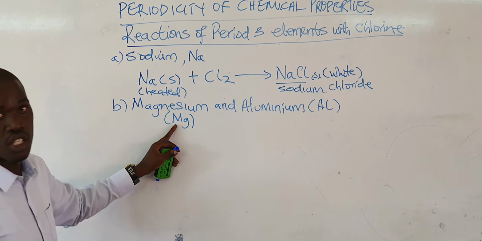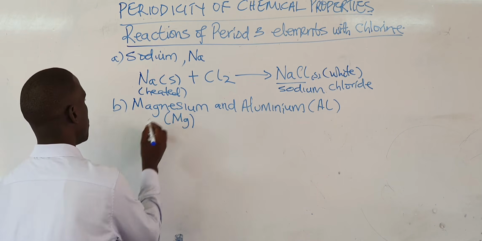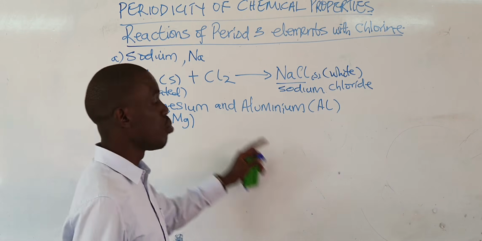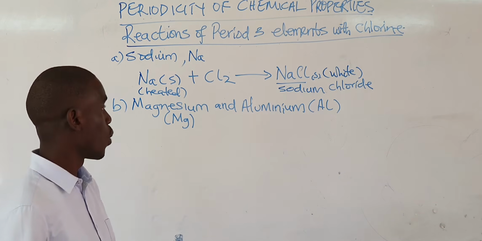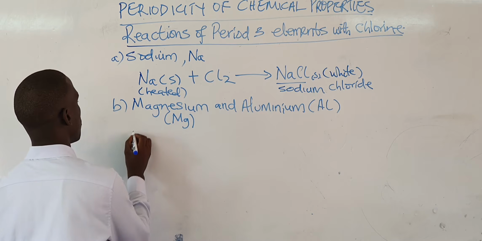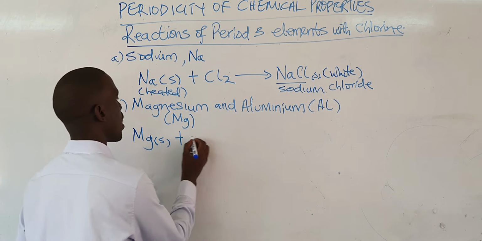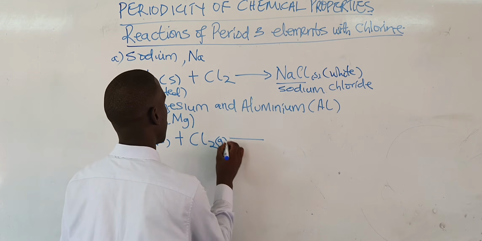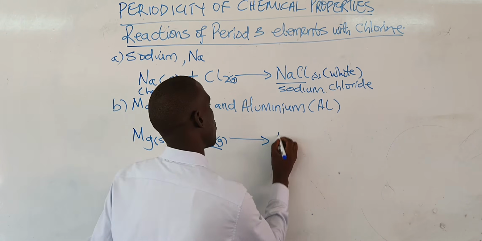Heated magnesium and heated aluminium react vigorously with chlorine. The first reaction: we have magnesium, a solid, reacting with chlorine, a gas, forming magnesium chloride, a solid.